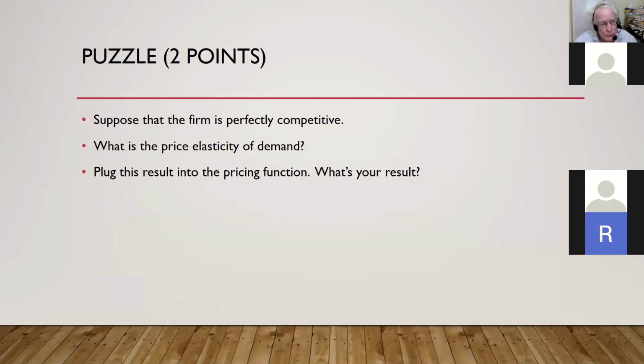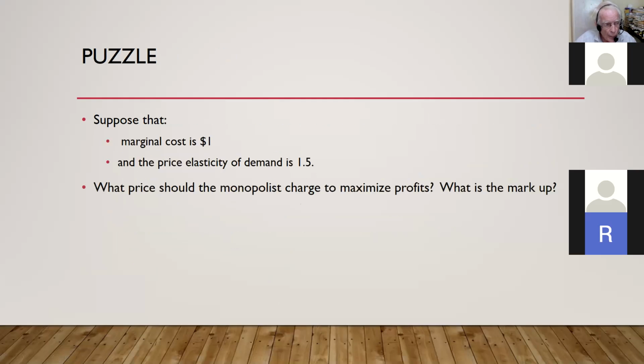Last time, we found that if the firm is competitive, then our price function instructs us to set a price equal to marginal cost. And we also worked through this example.